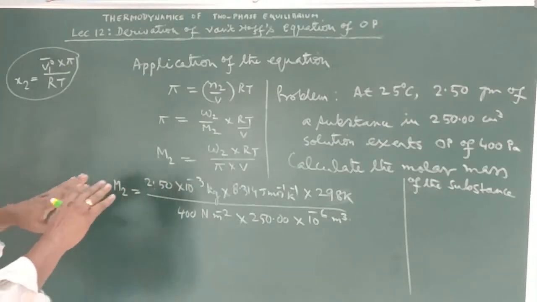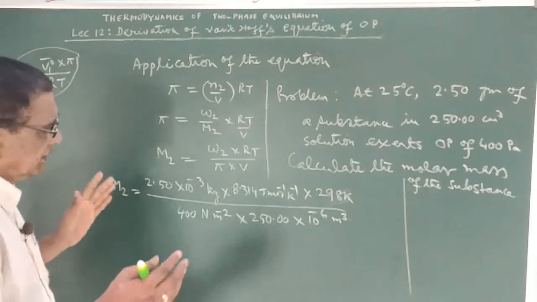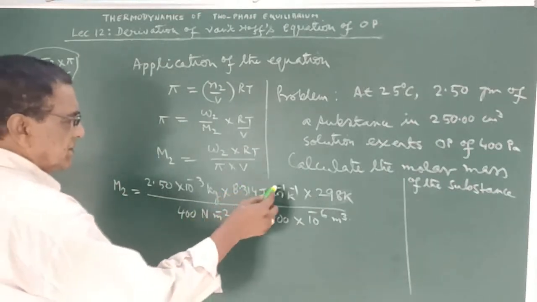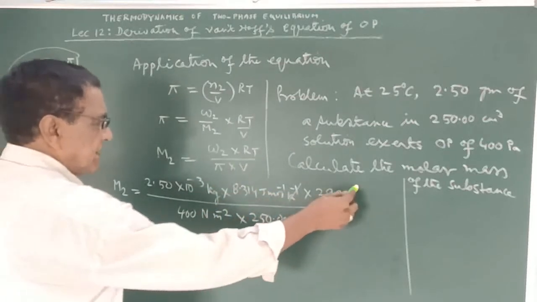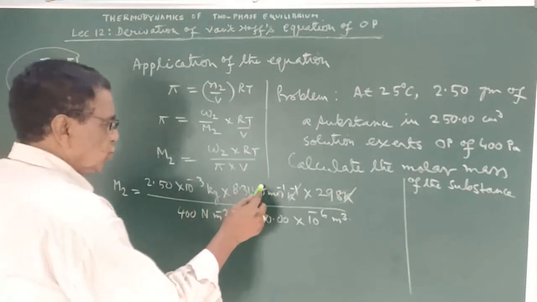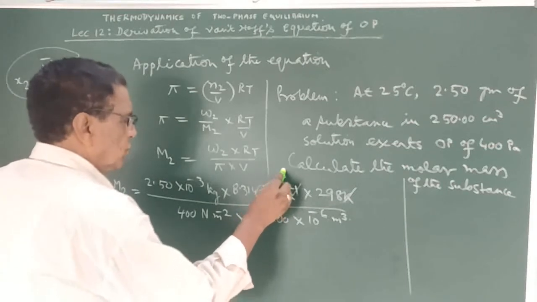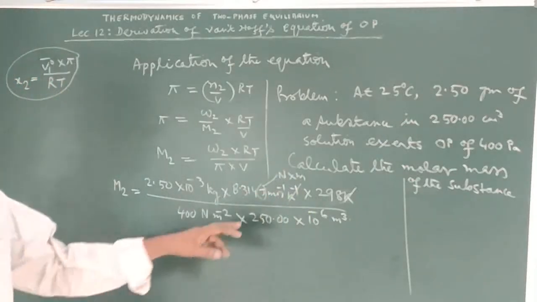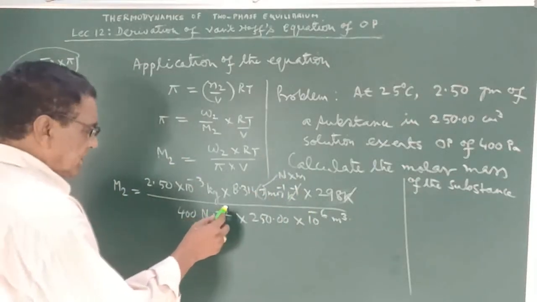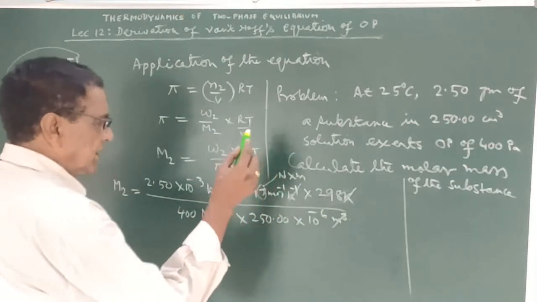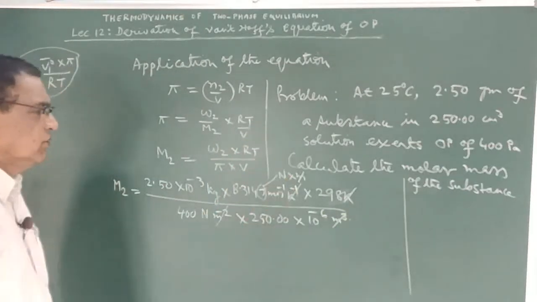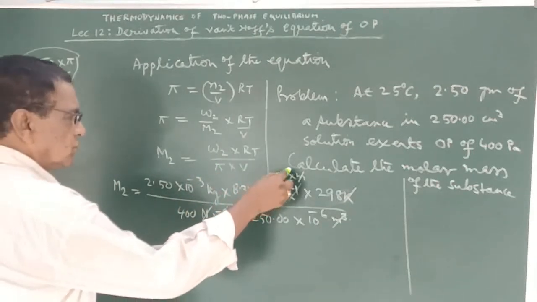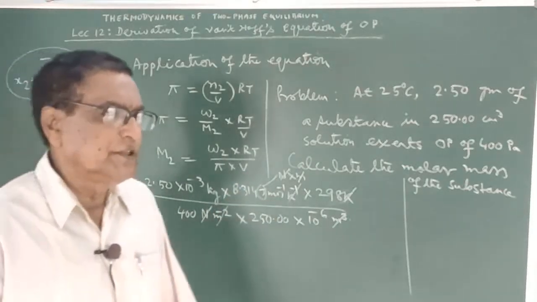So all the data have been put here, and now we cancel like terms. Kelvin with inverse Kelvin, and joule means Newton meter; Newton into meter is equal to joule. So meter cancels, and Newton also cancels; Newton is the unit of force.